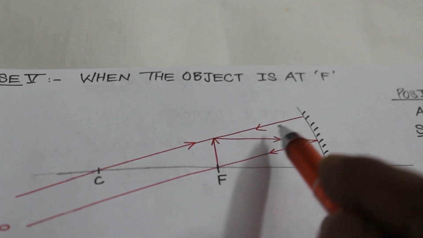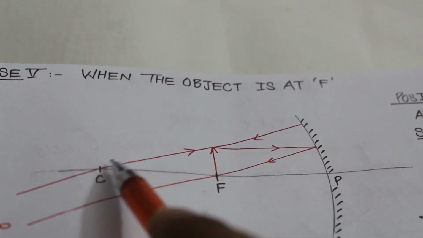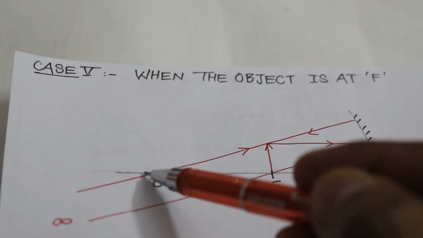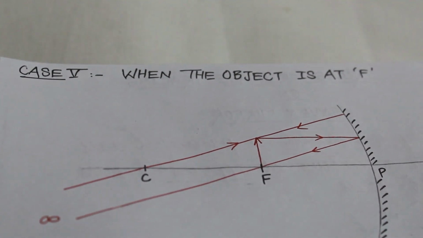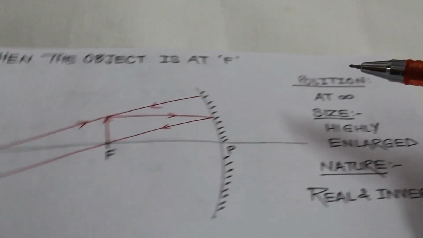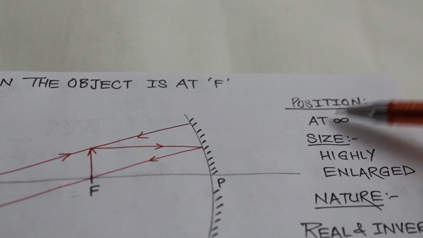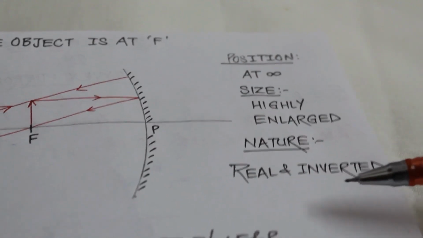Then this will be the incident ray and it will get reflected back in the same direction. So this will be your reflected ray. As you can see, both the reflected rays are parallel to each other. It means the image will be formed at infinity. Since the image is formed at infinity, it will be highly enlarged. So whenever parallel rays come, you have to write infinity. So position at infinity, size highly enlarged, and nature will be real and inverted.